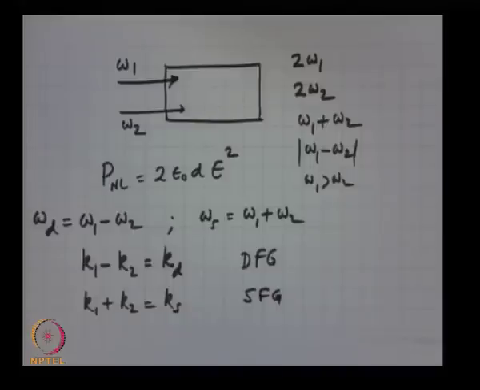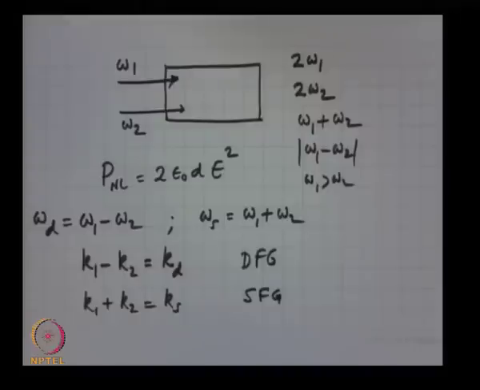Now, in normal practice, it is not possible to satisfy all these conditions simultaneously for the same set of frequencies at the input. So you will generate one of these processes or none of these processes. You may not satisfy any phase matching condition: omega 1, omega 2 incident, out come omega 1 and omega 2, nothing else.